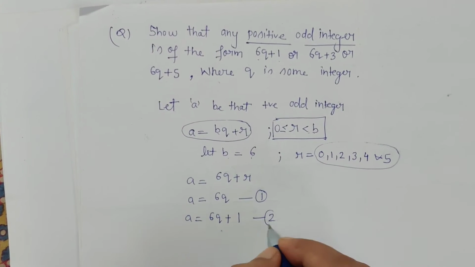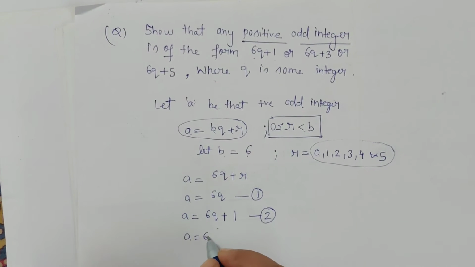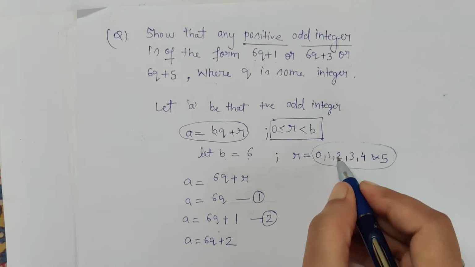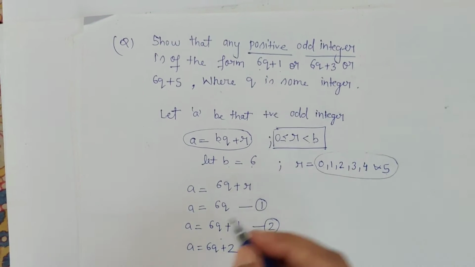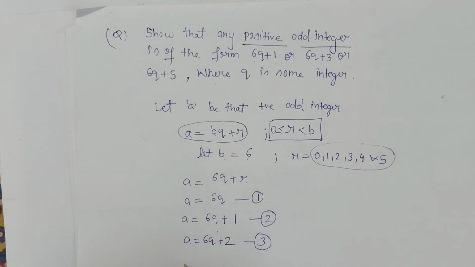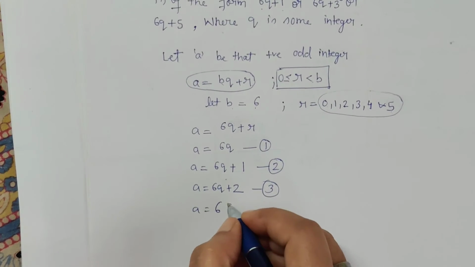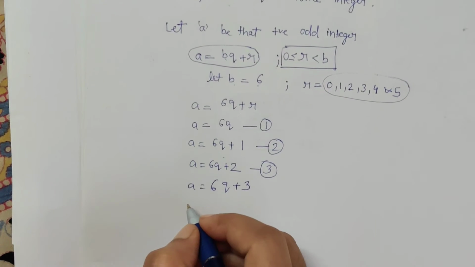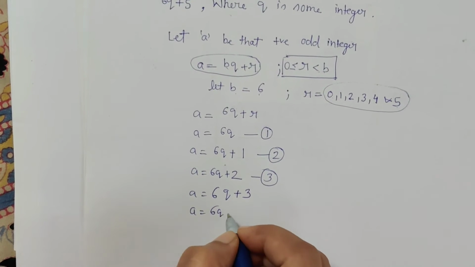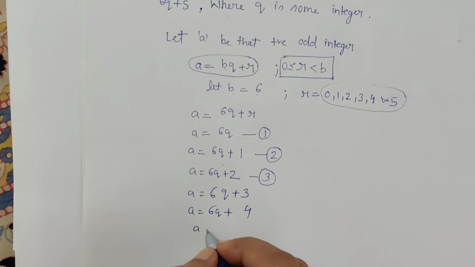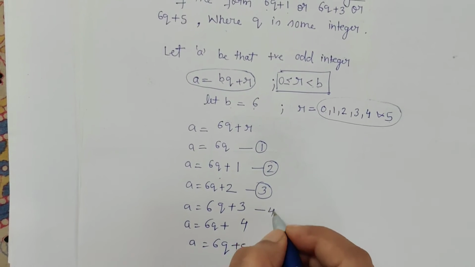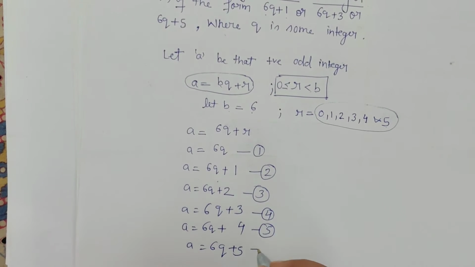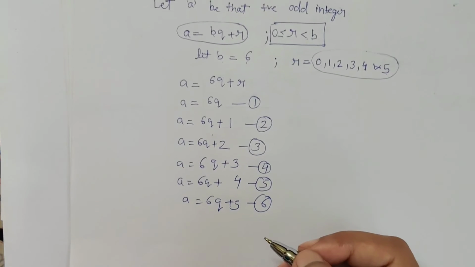This is my second equation. Or it could be 6q plus 2, then a is equal to 6q plus 3, then 6q plus 4, and then 6q plus 5, isn't it? So these are the different equations we have got.